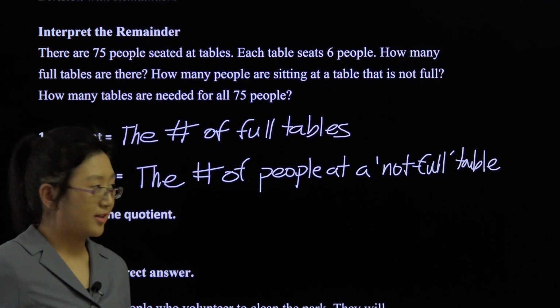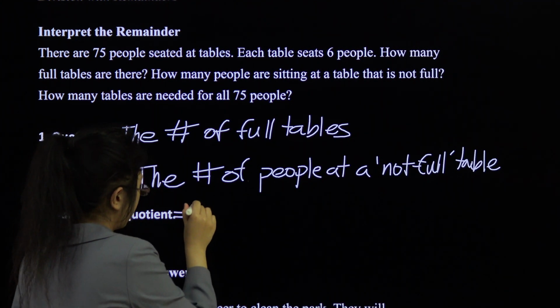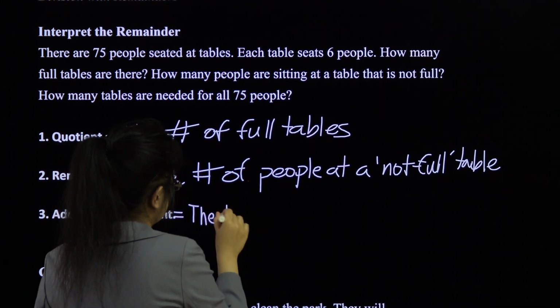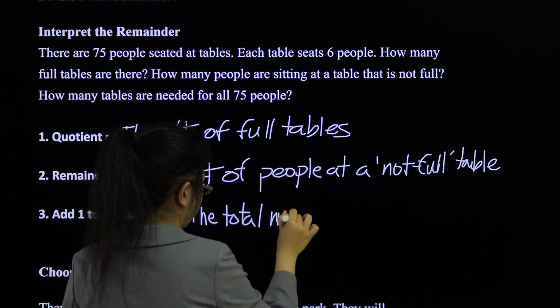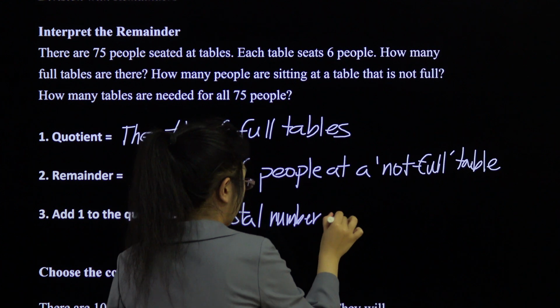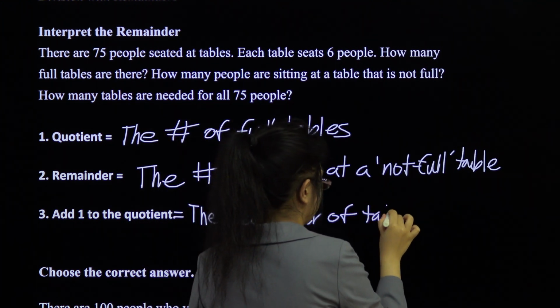And when we add 1 to the quotient, it would be the total number of tables.